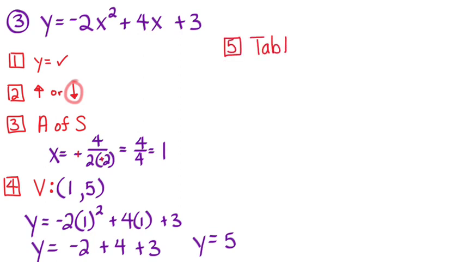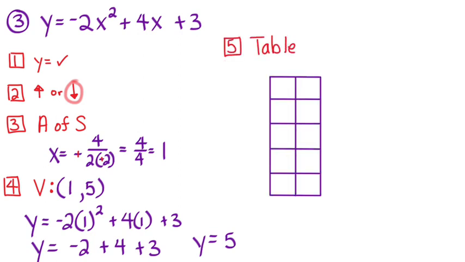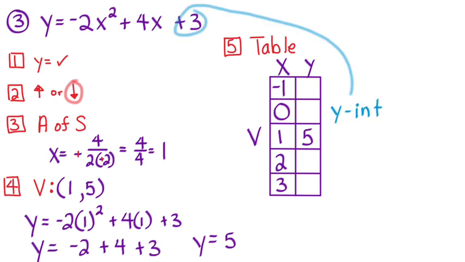Now we make our table, starting with our vertex in the middle and doing points that are bigger and smaller. On this one we see we have that 0, so we know that's the first one to plug in because it's easy. We know it's the y-intercept of 3. And it reflects.